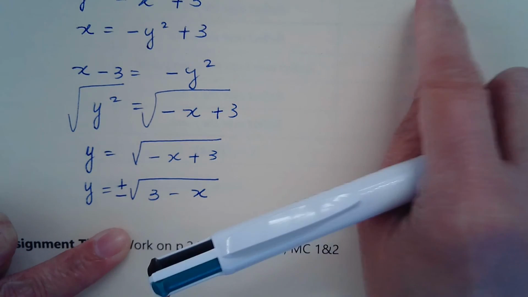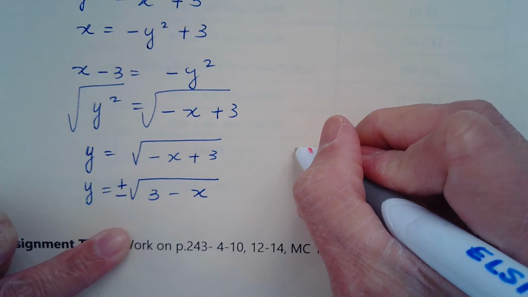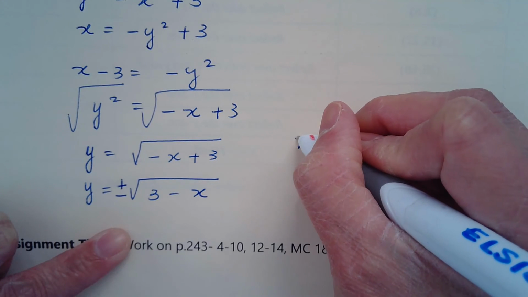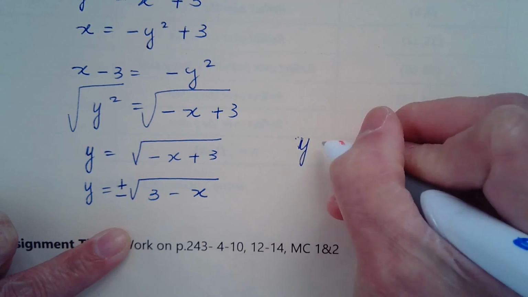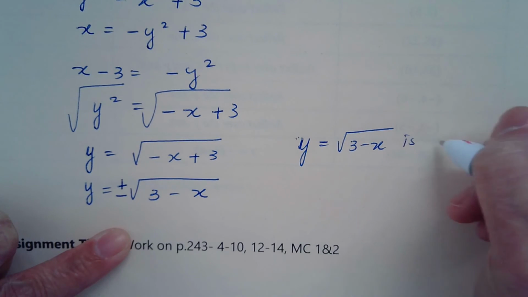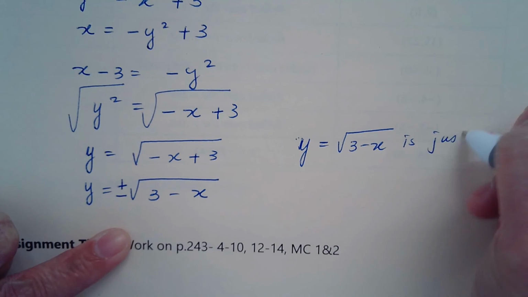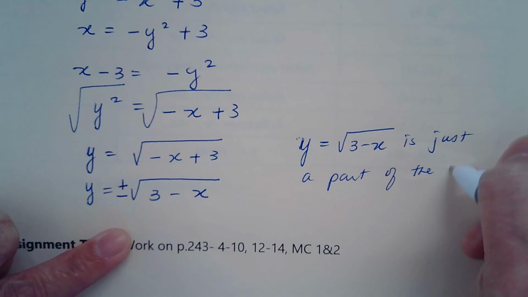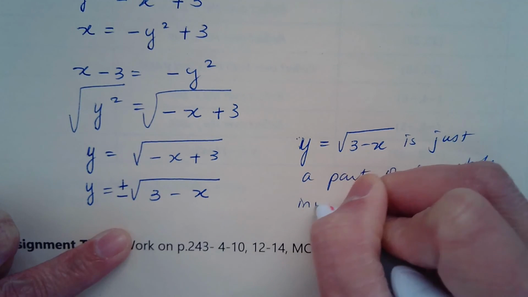Okay, so in this way, y equals the square root of 3 minus x is just a part of the whole inverse?